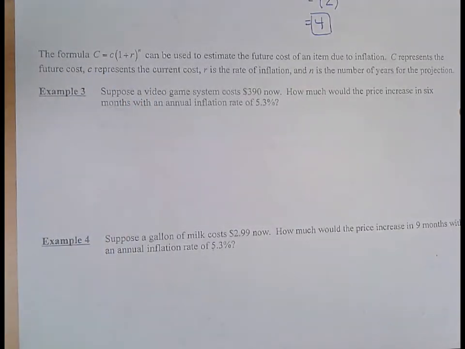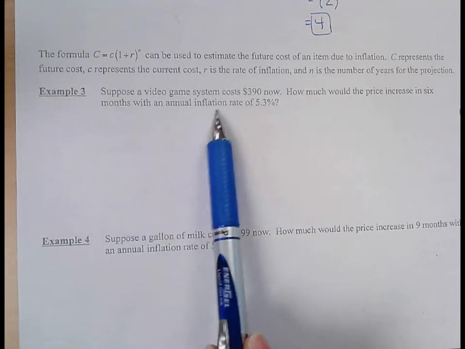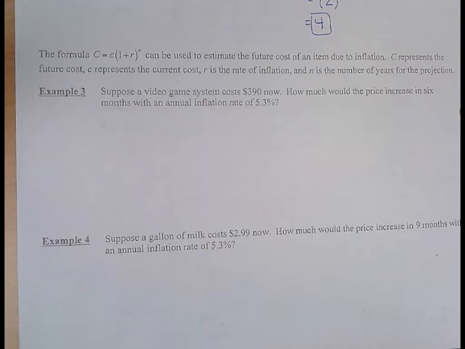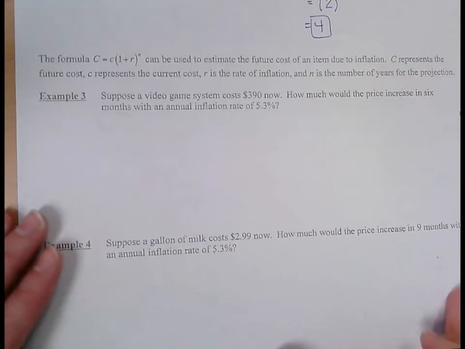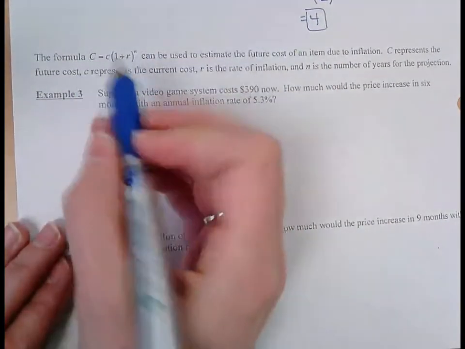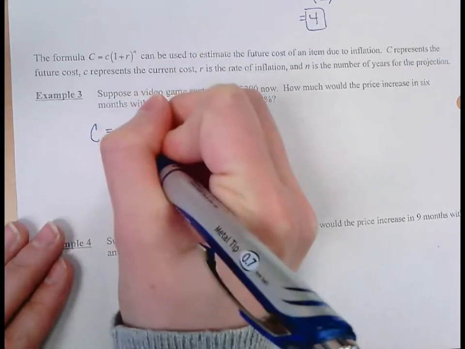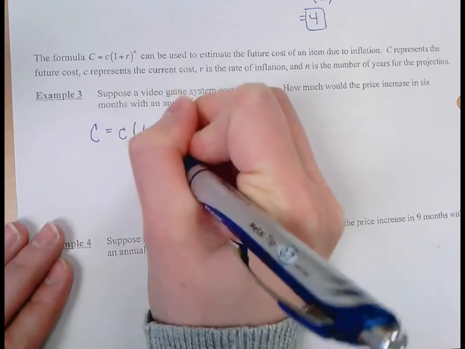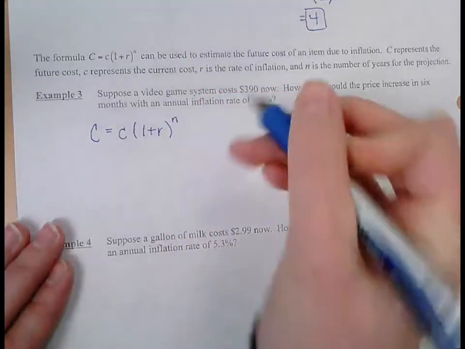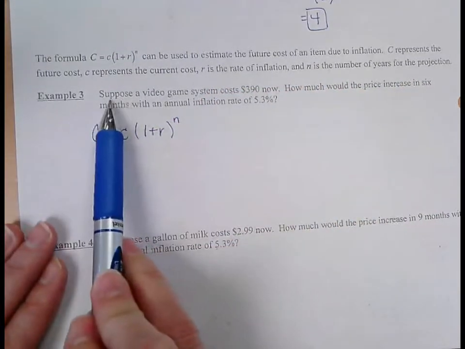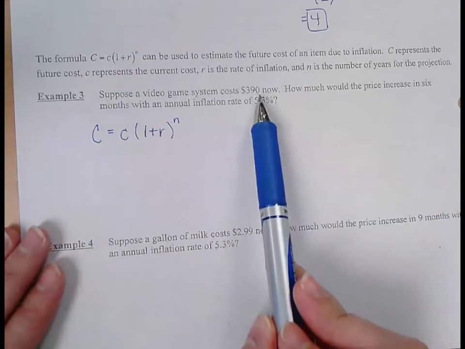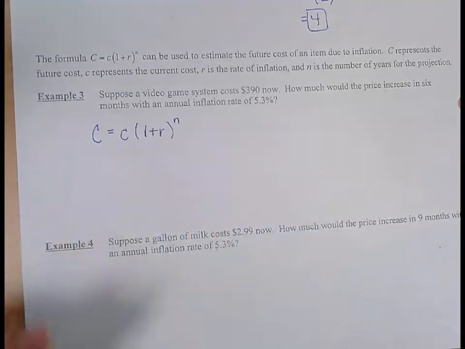So for example 3, it says, suppose a video game costs $390 now. How much would the price increase in 6 months with an annual inflation rate of 5.3%? Okay, so if we look at our formula, I'm just going to rewrite that. Capital C equals lowercase c times the quantity 1 plus r to the n. We're substituting in the values we are given, but we have to know where to substitute them.